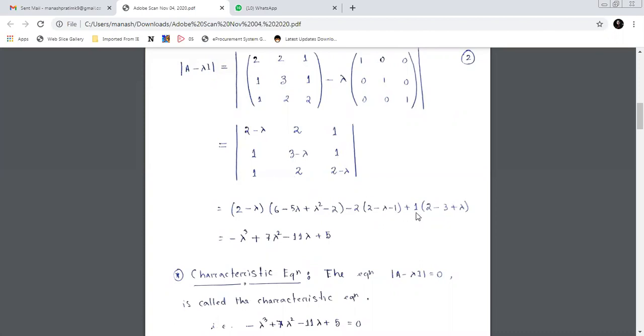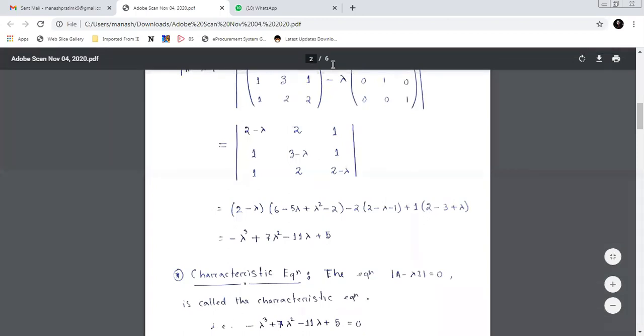Now plus 1 into (2 minus 3), and minus minus becomes plus. As a whole, simplifying this, we get minus lambda cube plus lambda square minus 11 lambda plus 5.